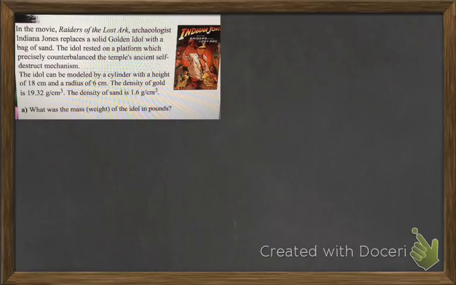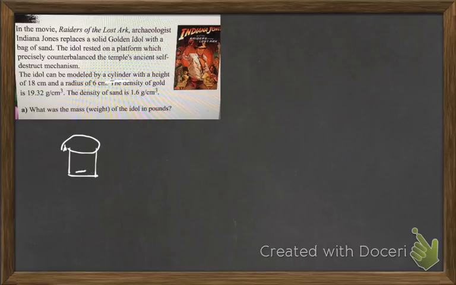Okay, so here is the second problem I'm going to go over. So whether or not you saw Raiders of the Lost Ark, it's fine, you should understand this question. So there's a solid golden idol that's going to be replaced with a bag of sand. So this idol right now, it says that the idol is a cylinder. So let's pretend this is a cylinder.